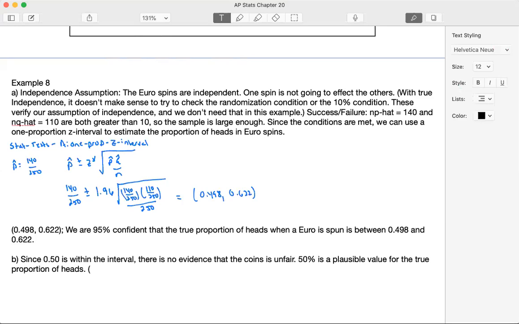That having been said, that's enough. And C, the significance level is 0.05. It's a two-tail test based on a 95% confidence interval. That was example 8.